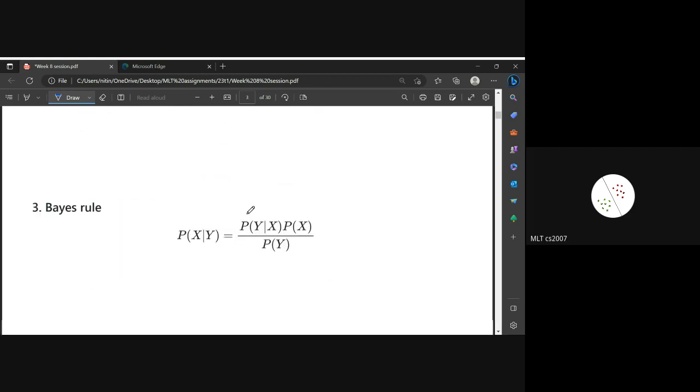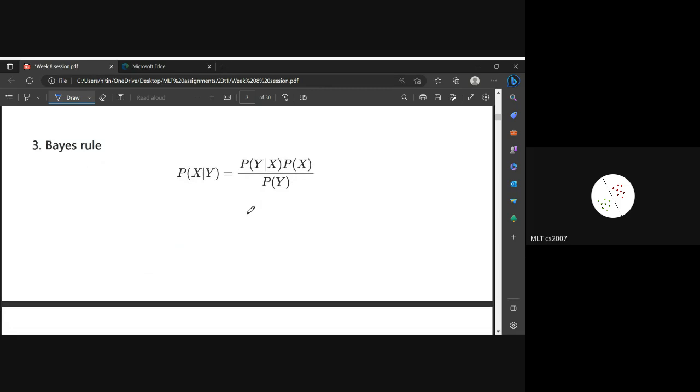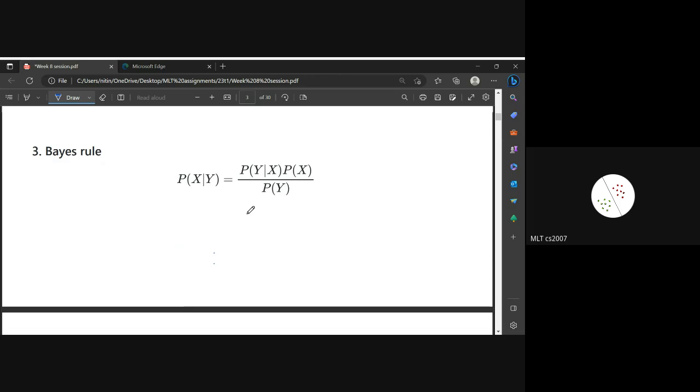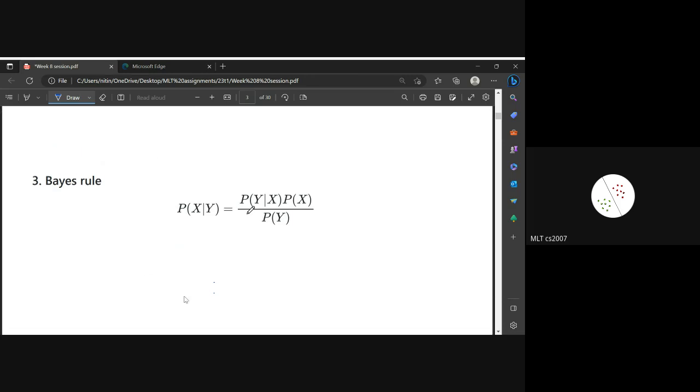Another thing that we have already seen is Bayes rule. Bayes rule says that the probability of x given y is P(y given x) times P(x) upon P(y). It's easy to derive.